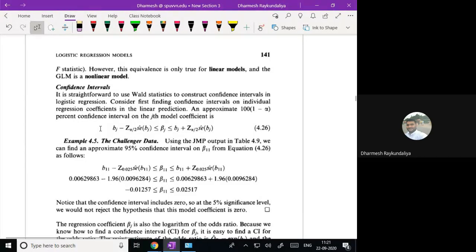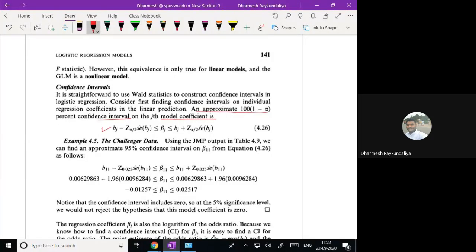So once the testing of hypothesis problem is worked out, now you wish to develop the confidence interval, because now you know the form of the test statistic and you know the standard error of the estimate. So you can easily obtain the 95% confidence interval. You can say the approximate 100 times (1 minus alpha) percent confidence interval on the jth model coefficient.